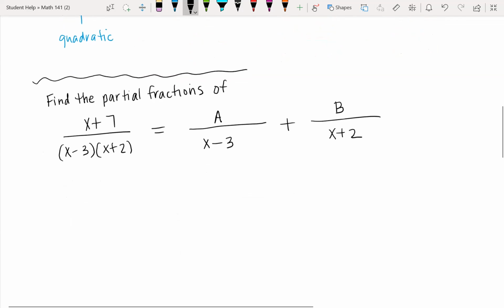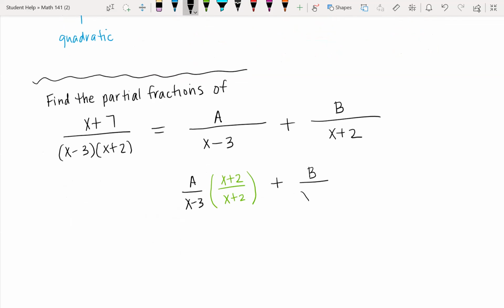Now, again, to make these all the same denominator, I'm going to multiply that first fraction by x plus 2 over x plus 2. And then the second fraction will be multiplied by x minus 3 over x minus 3.